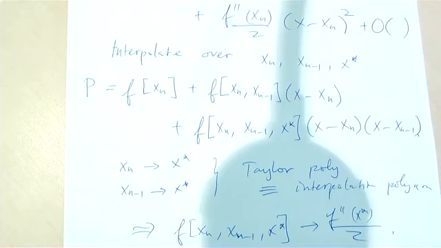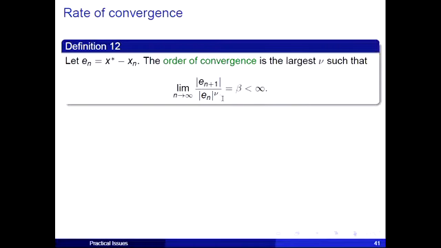Related to the point I discussed before we proved the theorem, there is an order of convergence. The order of convergence is the largest power nu such that when you take the ratio e_{n+1} over e_n to the nu and take the limit as n goes to infinity, it is a fixed constant.